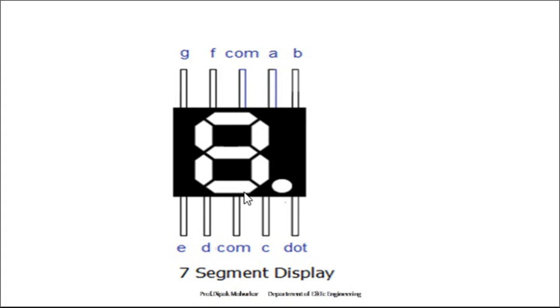The remaining segments have very low intensity, 0, so it will be displayed as a 2. So we can make any number from 0 to 9 by using this 7 segment display.